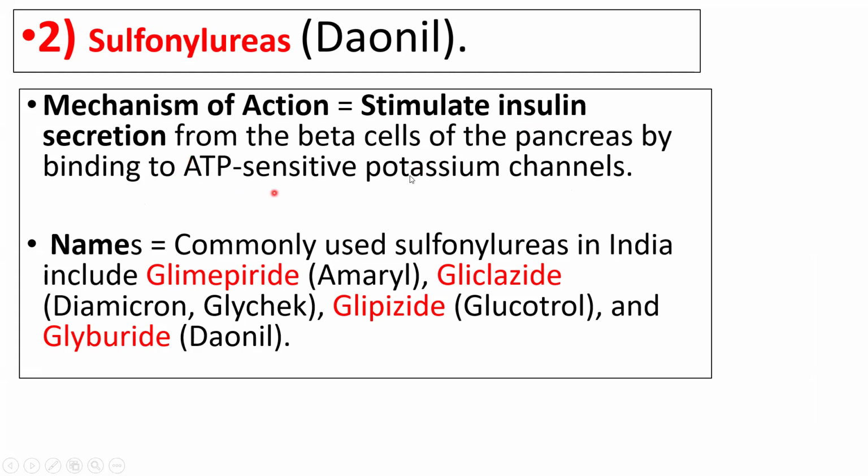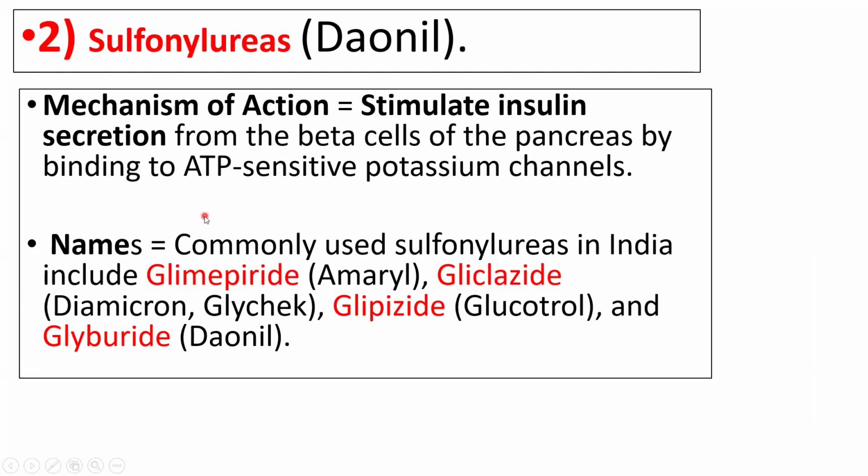You can forget this word because you are not learning pharmacology. You can just remember this is stimulating insulin, acting on the beta cells of the pancreas. Previously, we said the biguanides act on the receptors. Now these are acting directly on the pancreas. Try to understand. Now here I would like to add one thing. That we will discuss in the second lecture. Anyway, they are acting on the insulin beta cells.